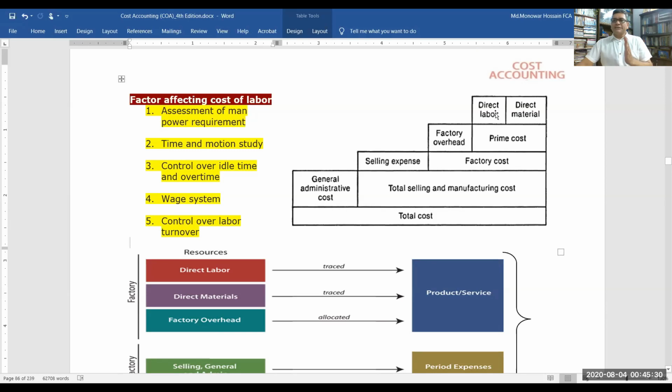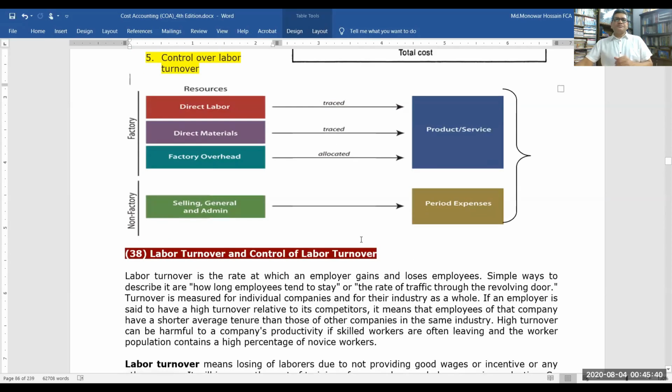So if direct labor cost reduces, the total cost reduces. If it increases, the total cost will increase. So we know the resources in the factory are direct labor, direct material, and factory overhead. Direct labor is a traceable cost, and direct material is also a traceable cost, but factory overhead is allocated.